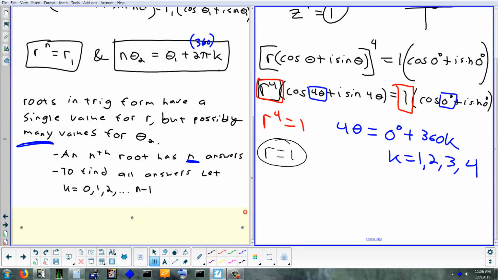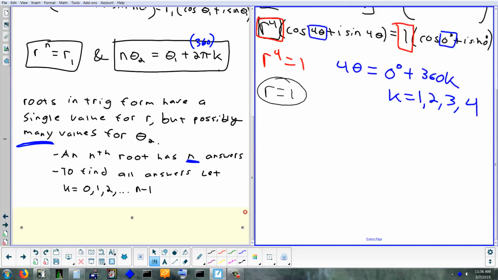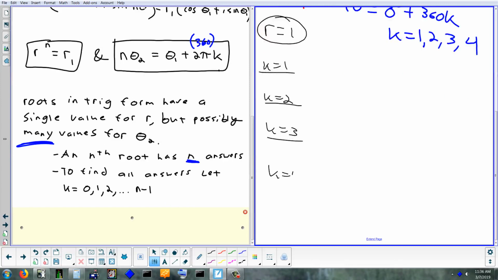Now I'm going to write all 4 of my answers. K equals 0, 1, 2, and 3. Yeah, do what I said, not what I wrote. I'm going to set them all up with r as 1 right now.